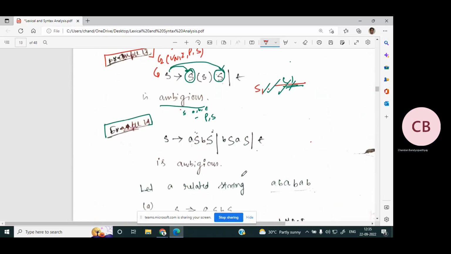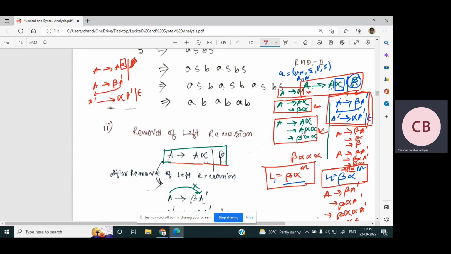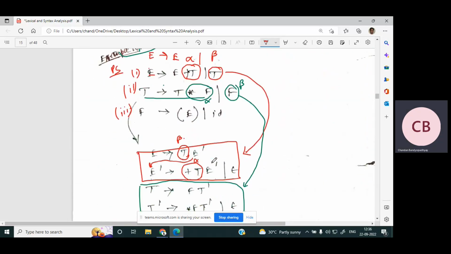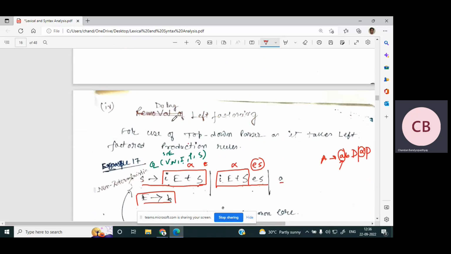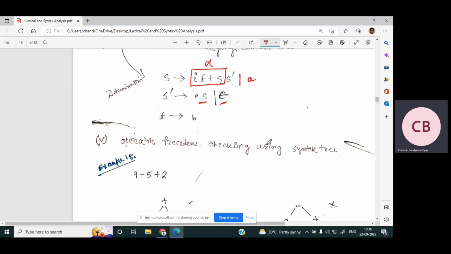The second part was what is called left recursion and what is called right recursion. How to remove left recursion, that also we have seen. And the third part was how to remove the left factoring part in a grammar, so how the grammar can be left factored. Correct? That part we have covered. In our next example, we will be covering some more fundamentals. This is the first fundamental segment. Then we will be moving to the parser.